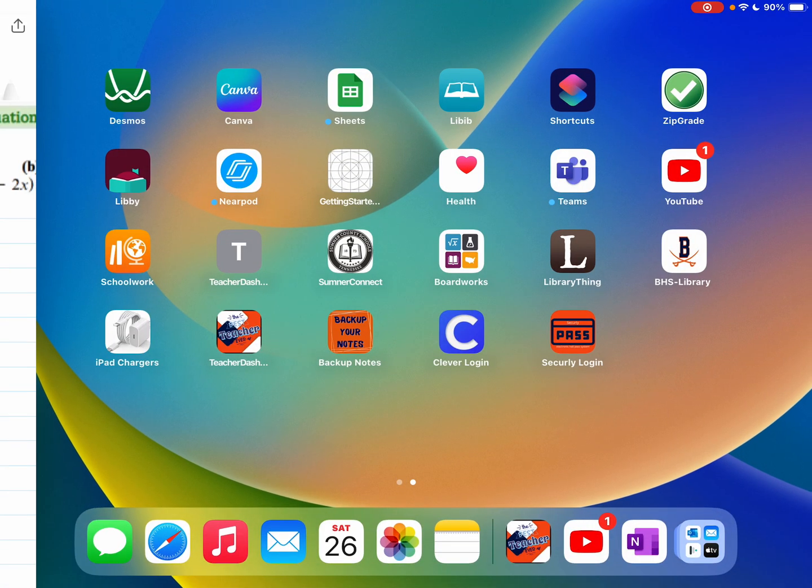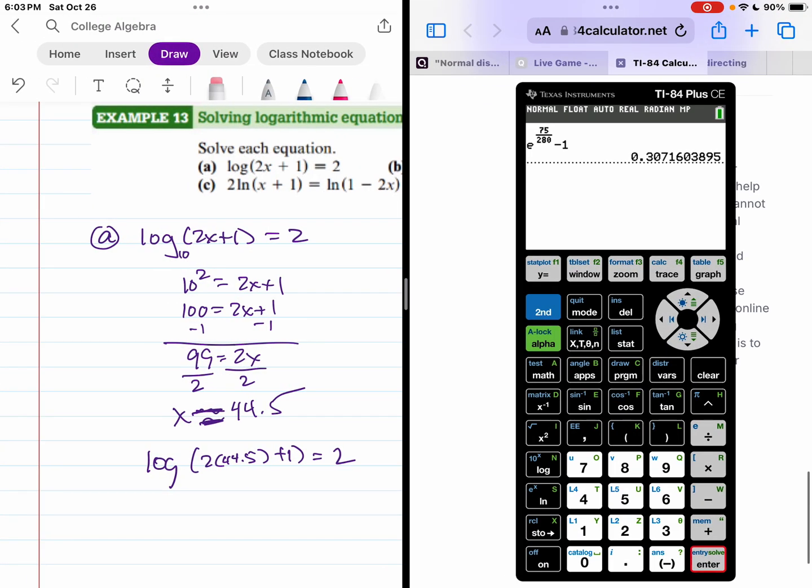So does the log of 2 times 44.5 and then plus 1, what does that equal? And it's about 1.5, which rounds up to about 2. So that is pretty darn close.